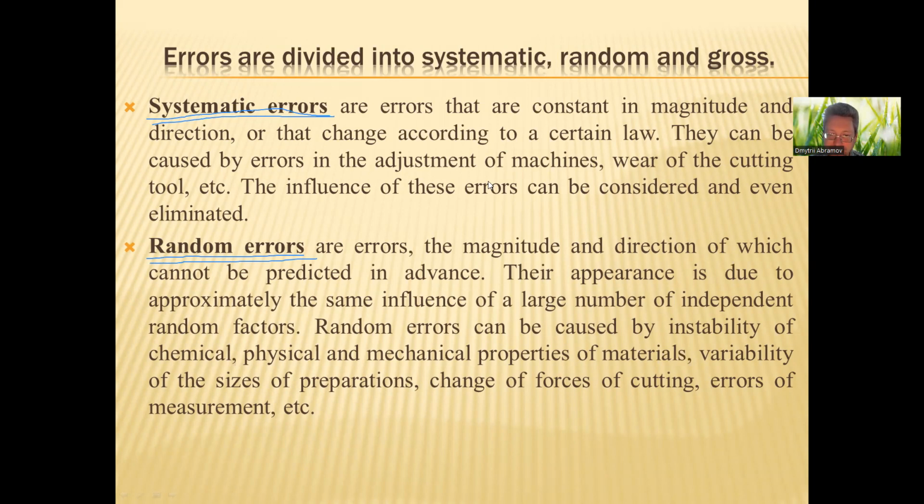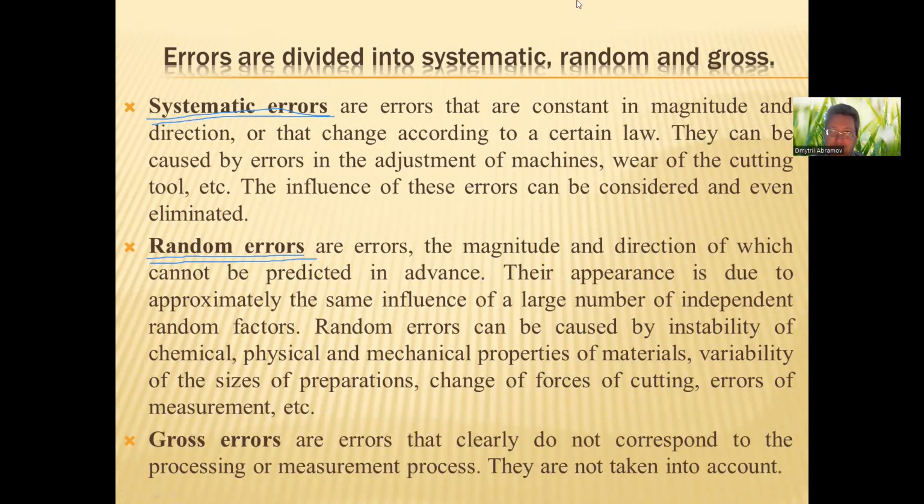Random errors can be caused by instability of chemical, physical, and mechanical properties of materials, variability of the sizes of preparations, change of forces of cutting, errors of measurements, etc.